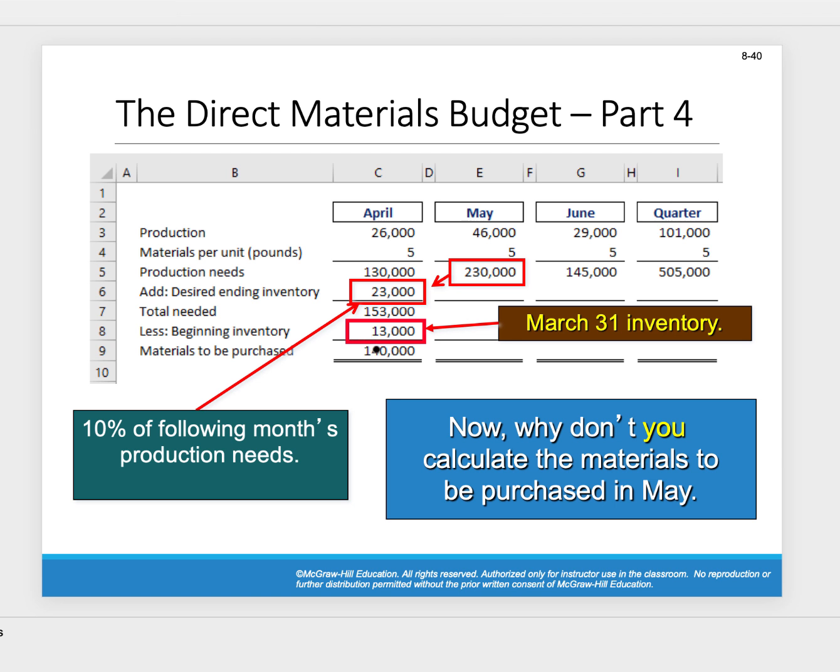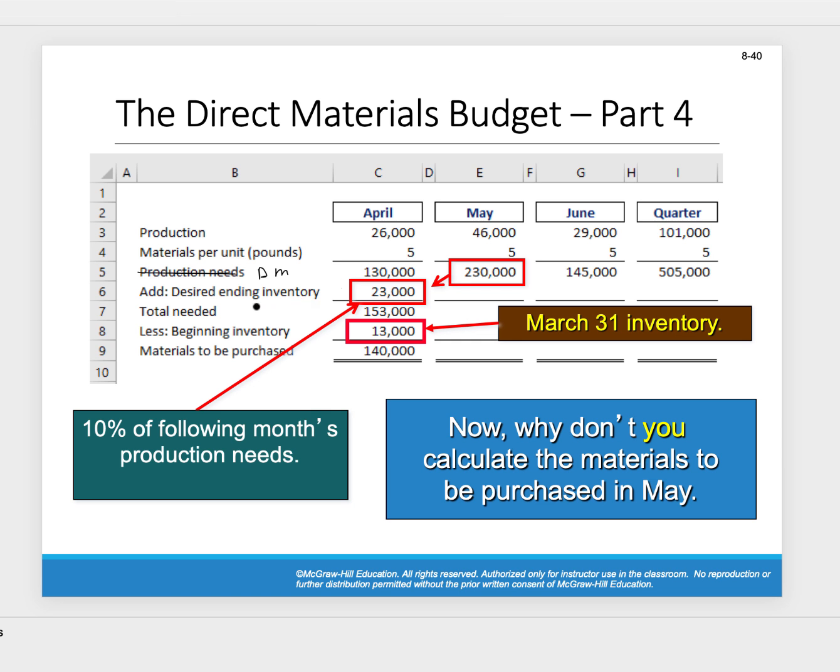Again, if I were you, I would jot down production needs or direct material budgets. I start off with my production in units. I multiply by material needed per unit. That gives me the total amount of direct material needed, right? I need 130,000 pounds of this direct material.